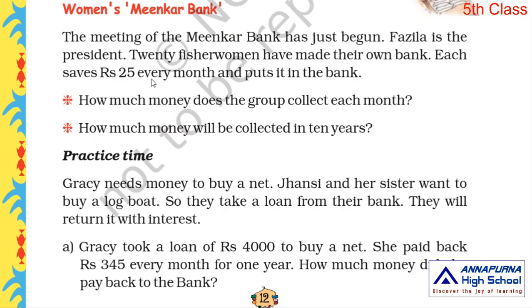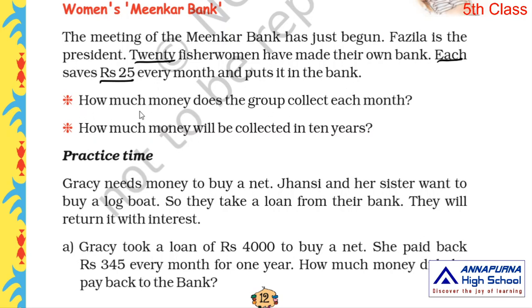Each saves 25 rupees every month. Each person saves 25 rupees. How many fishermen are there? 20 fishermen, and every month they put it in the bank.